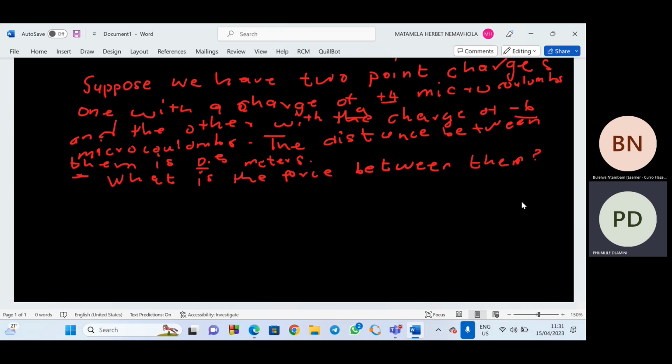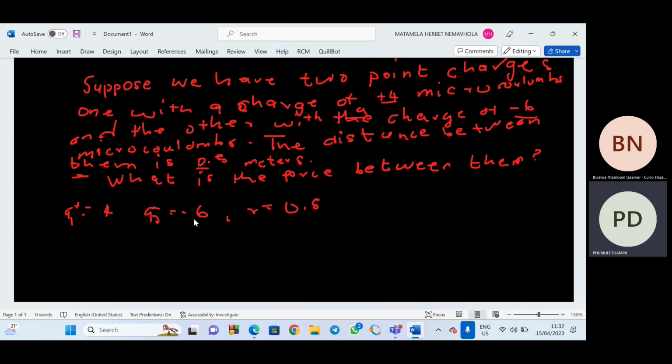What is the force between them? So after that, with this scenario, we can decide that our Q1, the positive charge, equals 4, our Q2, the negative charge, equals -6, and our R, the distance between them, equals 0.5.